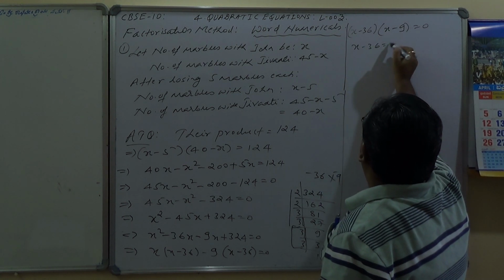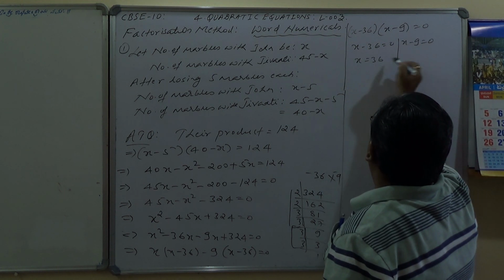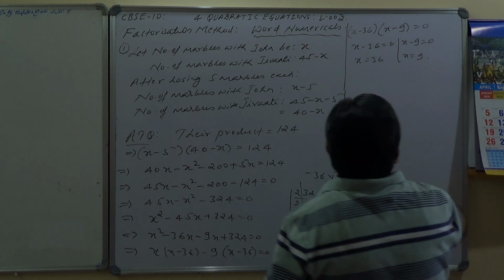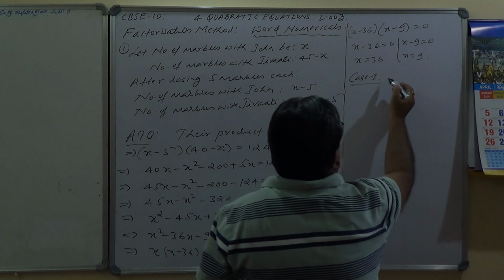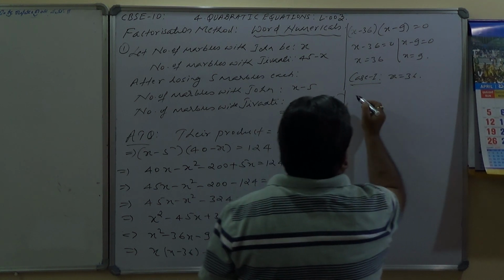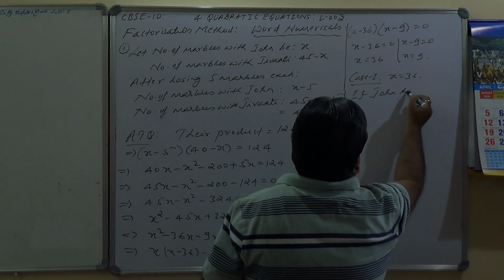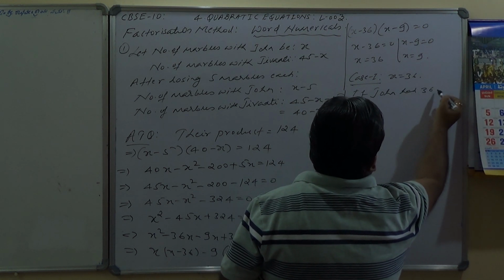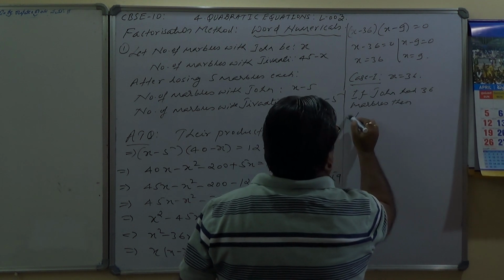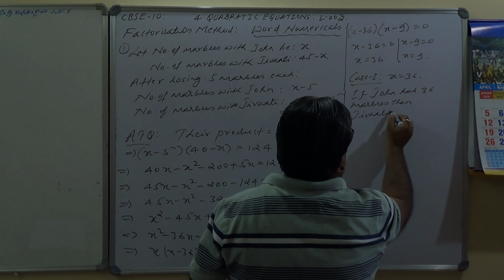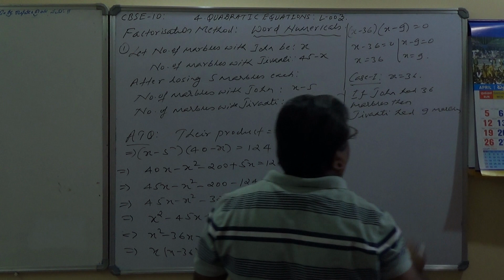X minus 36 equals 0, X minus 9 equals 0, so X equals 36, X equals 9. Therefore, case 1: X equals 36. If John had 36 marbles, then Jeevanti had 9 marbles.